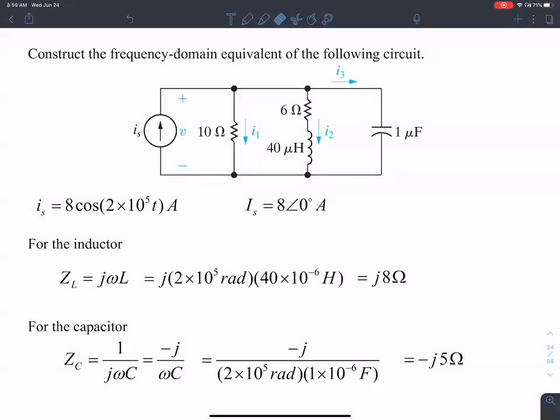I'm given the value of this resistance, 10 ohms, the inductance L, and the capacitance C. I also need the omega, the frequency, which is 2 pi times the frequency, and I need to convert it to omega to get ZL.